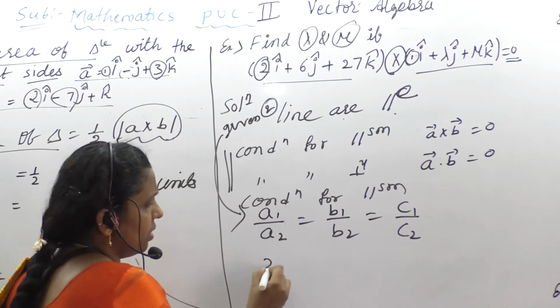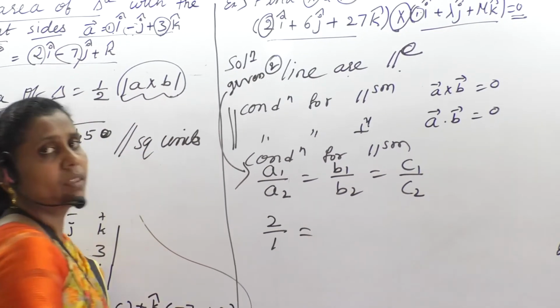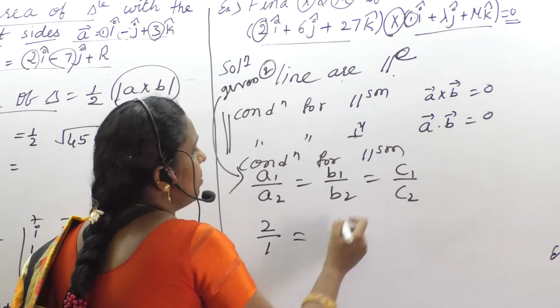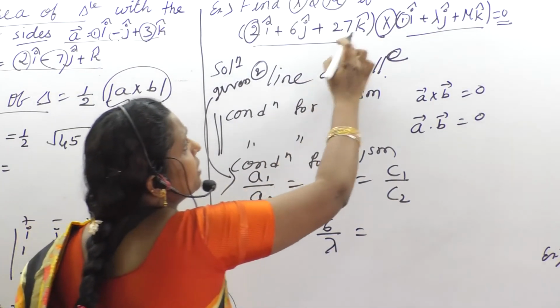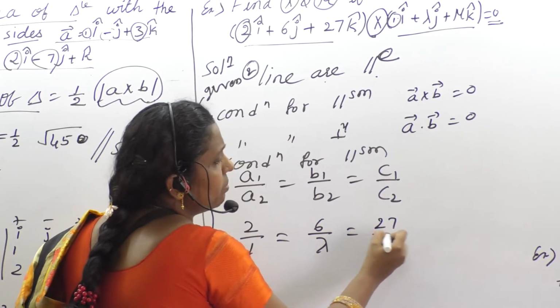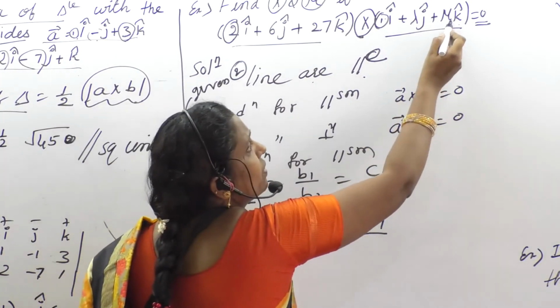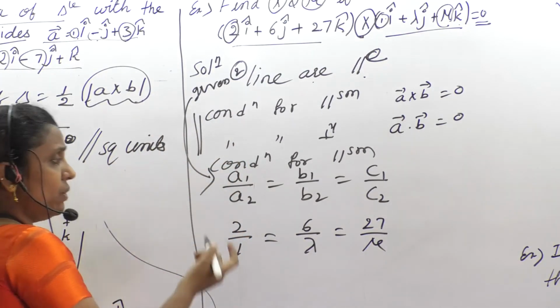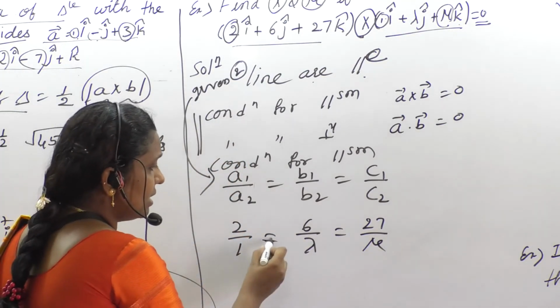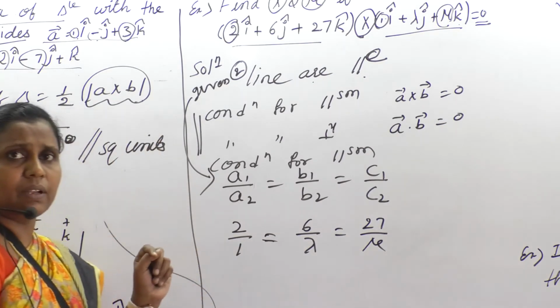2 and 1, 2 by 1. Next 6 and lambda, 6 by lambda. C1 by C2, this is 27 by what? See the coefficient of k here, this is mu. Now we are asked to find lambda and mu, and all three ratios are equal to each other.